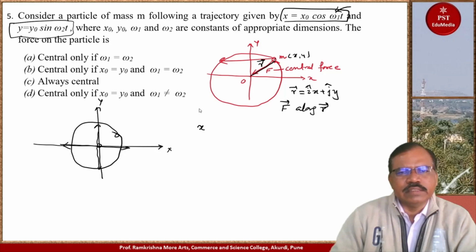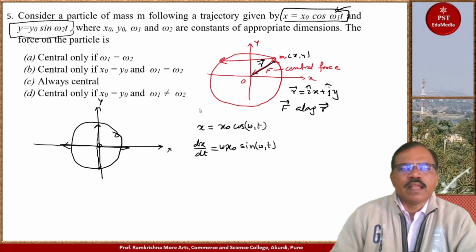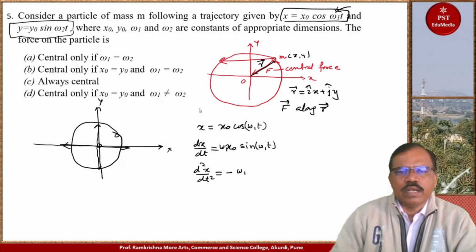We know x is equal to x0 cos omega 1 t, and dx by dt is equal to x0 sin omega 1 t multiplied by omega 1, with a negative sign, and d2x by dt square is minus omega 1 square x0 cos omega 1 t.